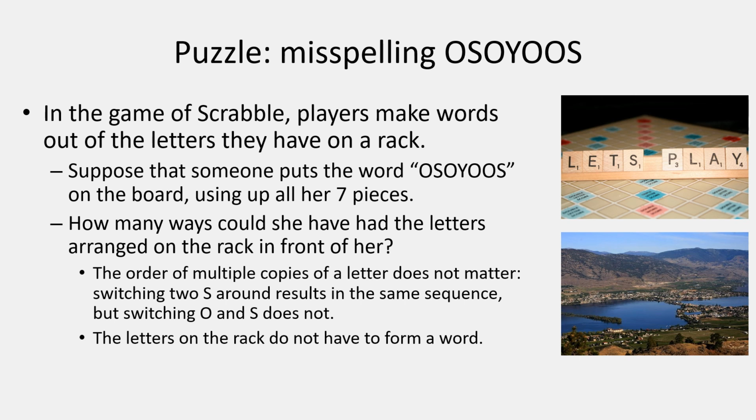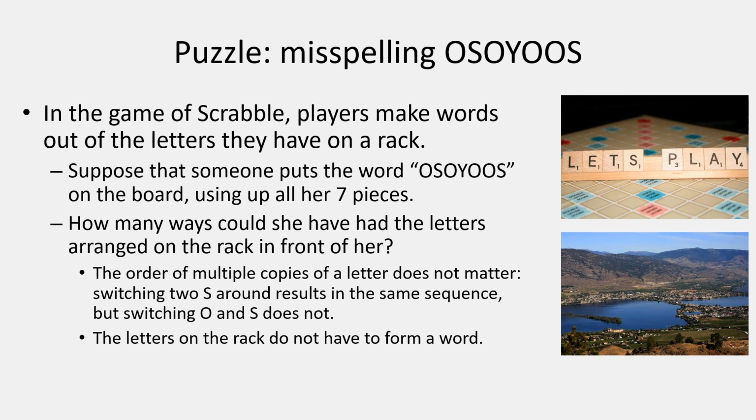So how many different ways could you have the letters of the word Osoyoos on a rug in front of you before you actually made the word out of them and put them on the board, if the O's are indistinguishable and S's are indistinguishable? So OOSSOOY is one possibility, and it doesn't matter if it's the first O of Osoyoos or the second O of Osoyoos, you cannot tell them apart.